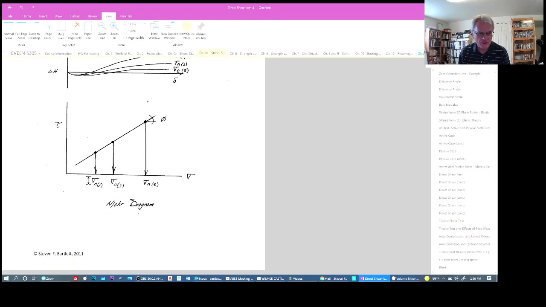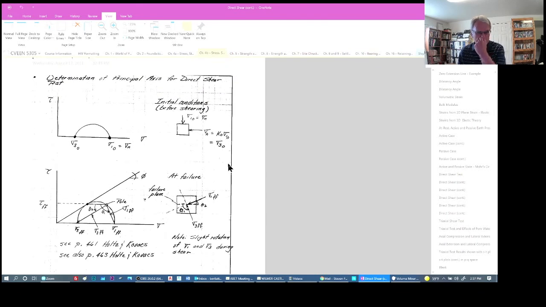So we can plot those normal stresses at failure, and if we take a straight line down through zero, meaning there's no cohesion intercept, then the slope of this failure envelope on a shear stress versus normal stress plot is the internal angle of friction.